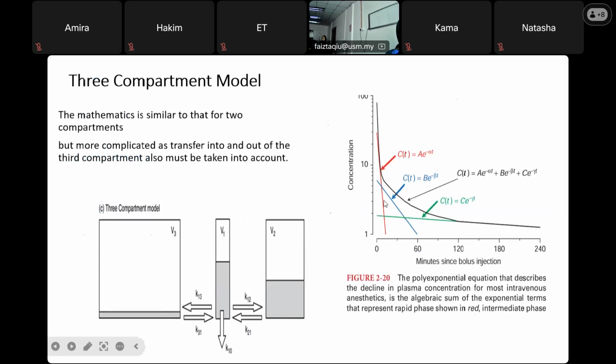And the blue one, the slow decline, is because of the redistribution back from the second compartment to the central, as well as the elimination. And the green is the intermediate elimination that occurs.